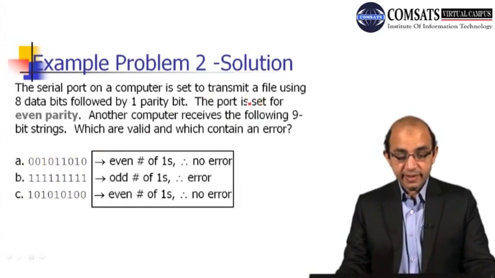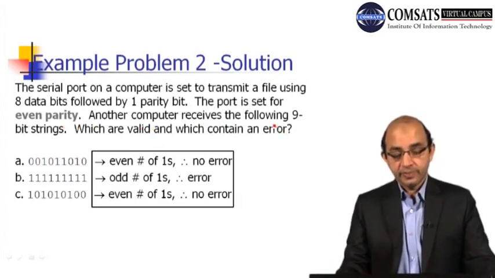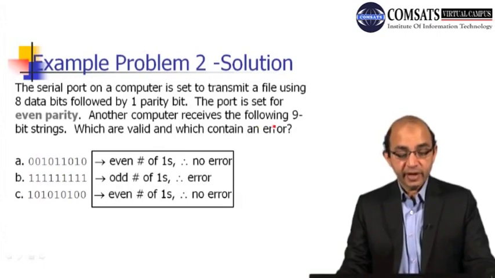A computer is set to transmit a file using 8 data bits followed by 1 parity bit, so 1 byte plus 1 redundant bit. The port is set for even parity. The receiver, another computer, receives the following 9-bit strings, which may be valid or contain an error.